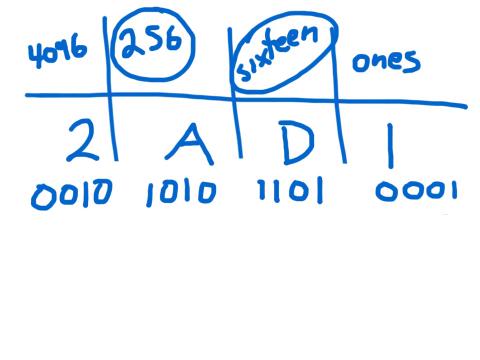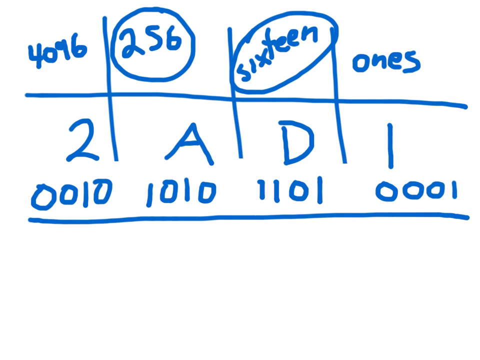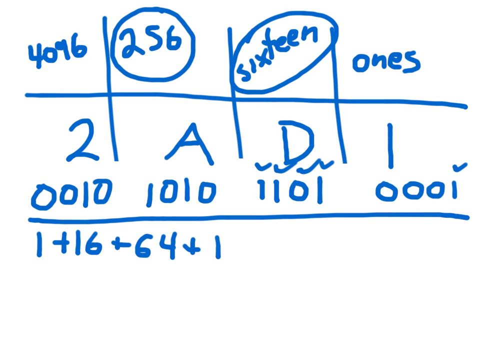We're going to have a 1 in the 1's place. I'm just going to write it under here. So I'm going to say 1 plus. Then we have a 1 in the 16's place. And then we have a 1 in the 64's place, and in the 128 place.